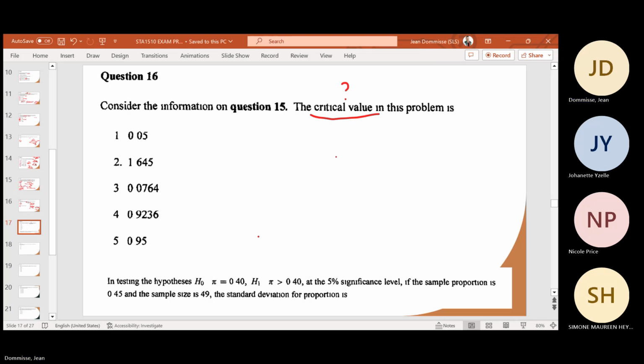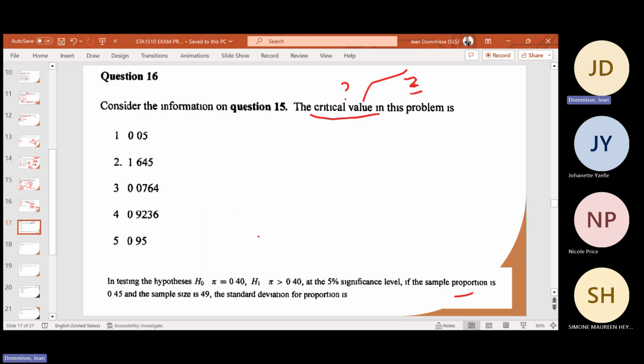For the critical value, you're going to use a Z table, so you actually don't need to have Excel. We know that with proportion, we're always working with a Z.